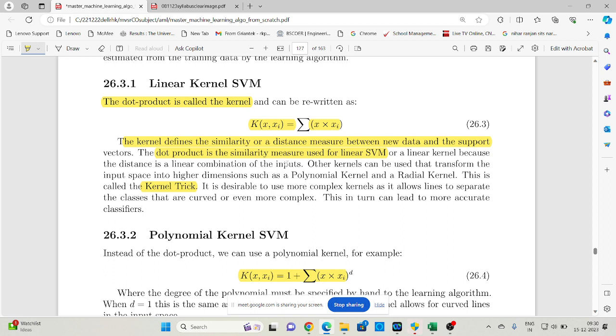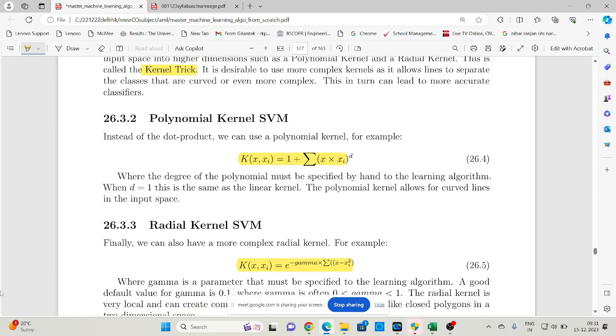Now you also have variations of kernel called polynomial kernel or radial kernel, and they are called kernel tricks. The more complex the kernel, the better. If it is a polynomial kernel, it will be represented as K(x, xi) is equal to 1 plus the summation of x into xi raised to d, where d indicates the degree of the polynomial.